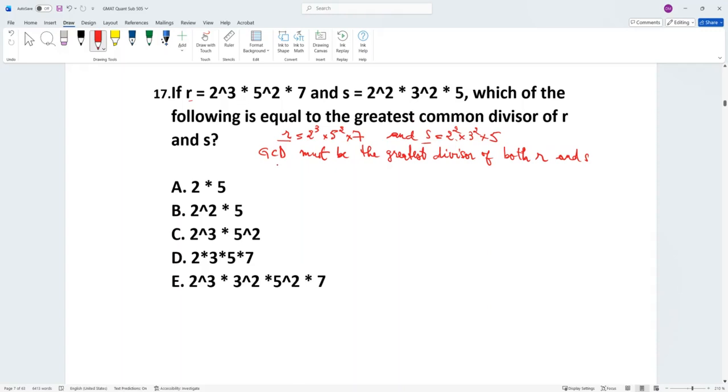And a divisor, okay, so if you want the basic definition of what a divisor is, any value when dividing S and R gives a whole number, okay, not a decimal, not a fraction, a whole number value, okay.